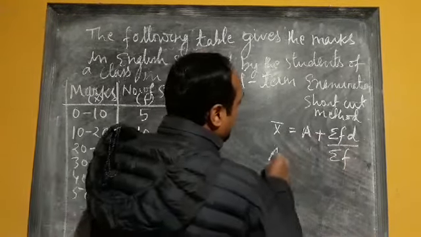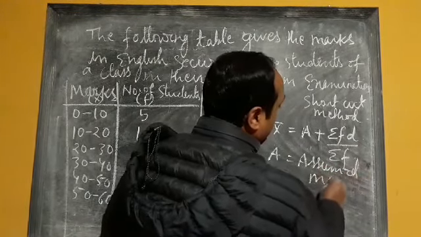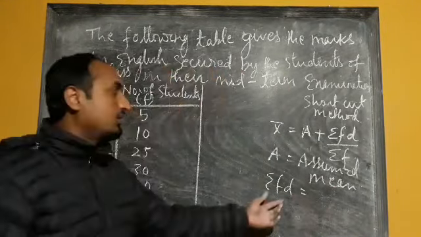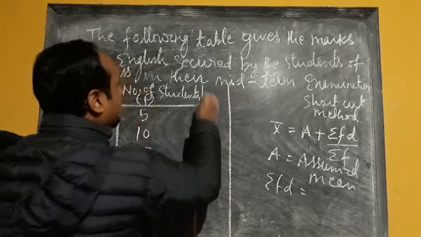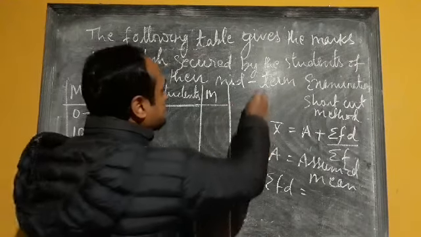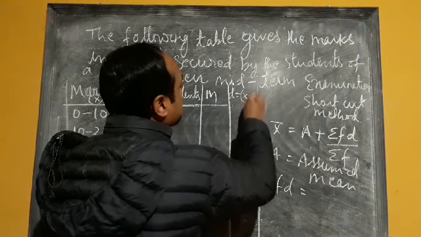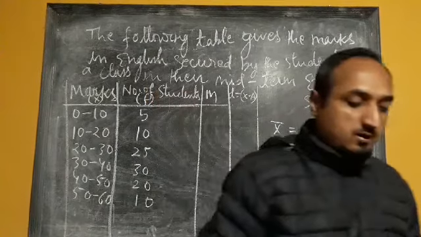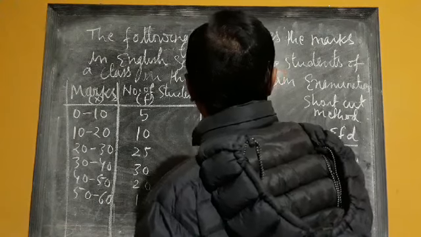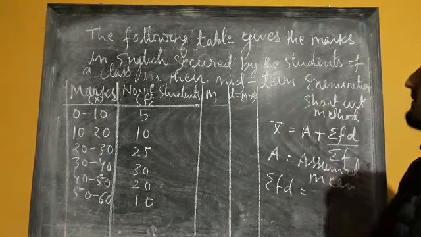Here a is the assumed mean, and for fd, first we have to calculate mid value m, then we have to calculate d equals x minus a, that is d equals m minus a, and m is our mid value.